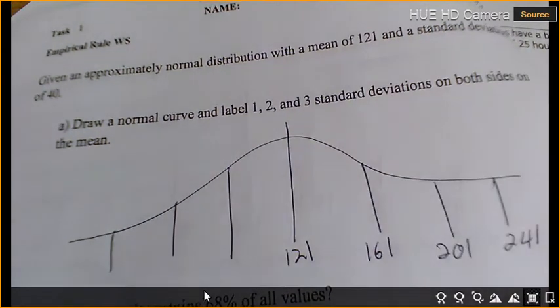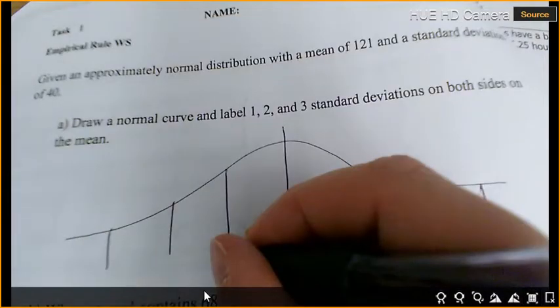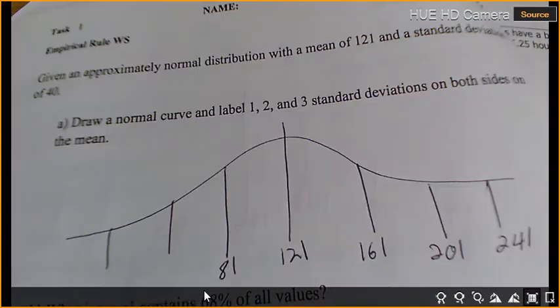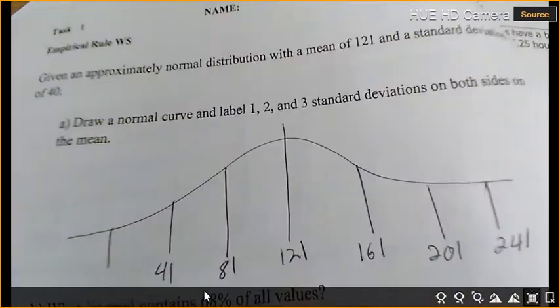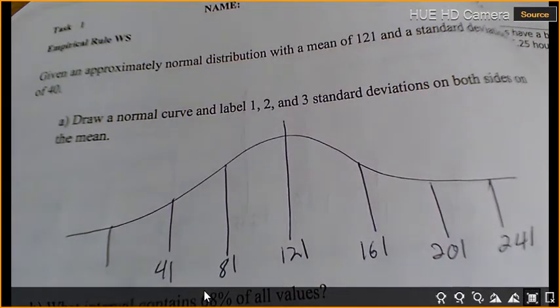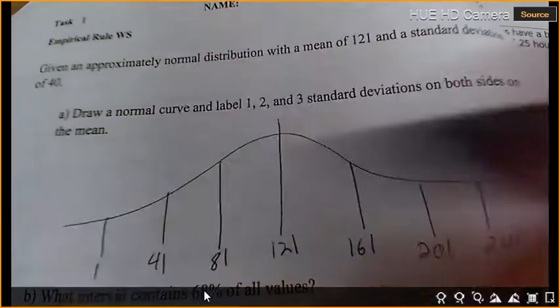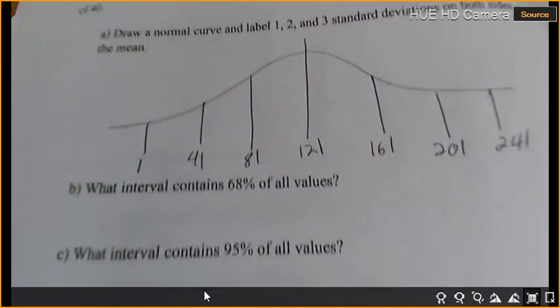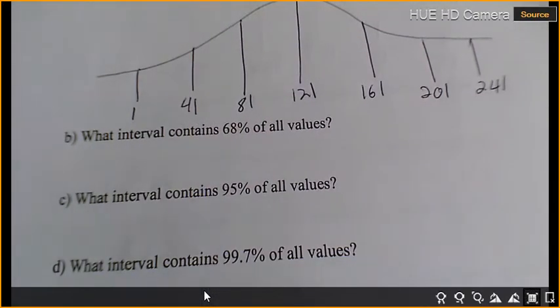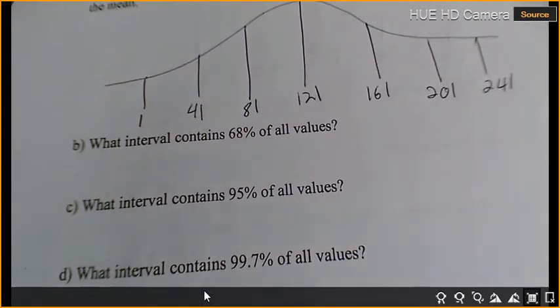And now I'm going to go to 121, and I'm going to subtract 40, and I'm going to get 81, and then I'm going to subtract 40, and then I'm going to subtract 40, and I'm going to get 1.